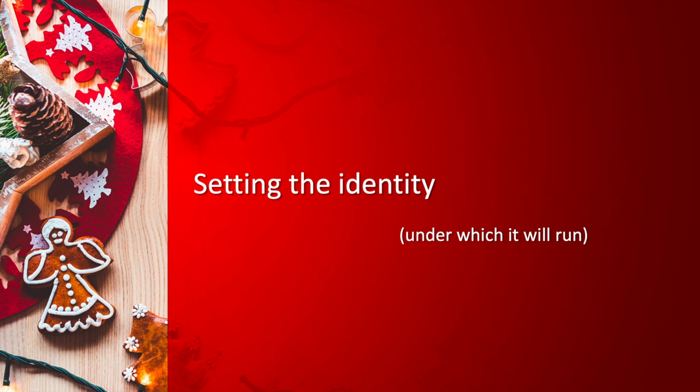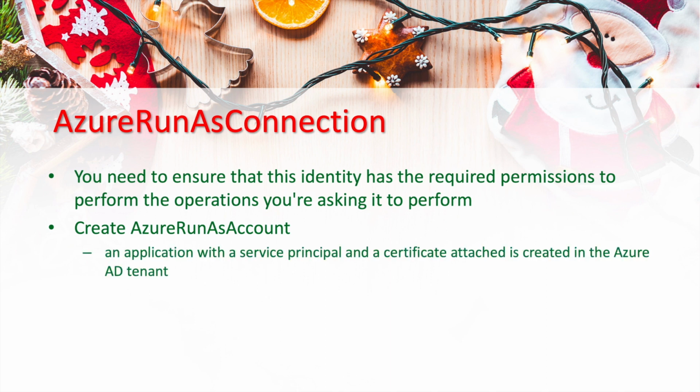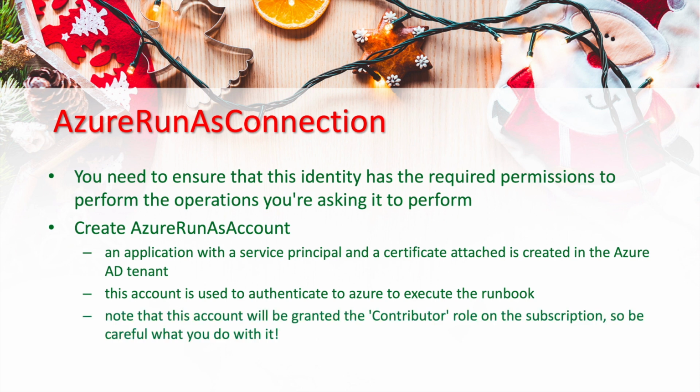Setting the identity under which your automation account and runbooks will execute, you need to ensure that this identity has the required permission in order to perform the operation you're asking it to do. Remember that create Azure Run As account switch we saw when creating the automation account? Well, what it does is that it creates an application with a service principal and a certificate in the Azure AD tenant. This account will then be used to authenticate to Azure in order to execute the runbook.